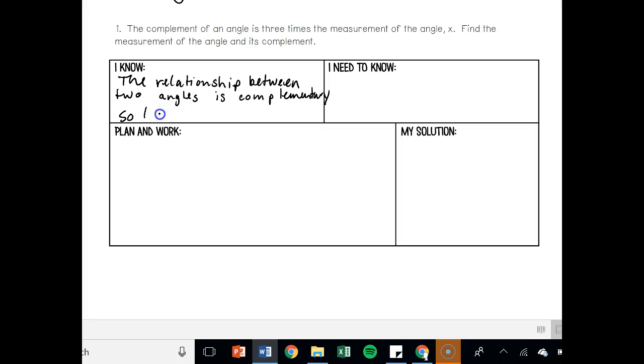So they add up to 90 degrees. You need to find the measure of each angle, right? So you know if it's a complement, it's 3 times the measure of angle x.